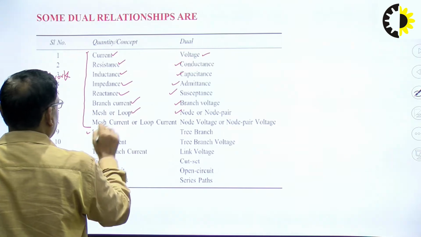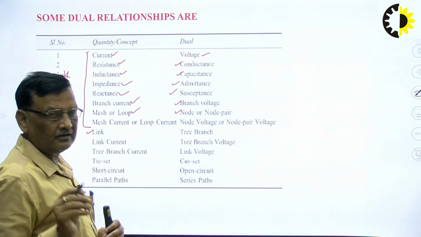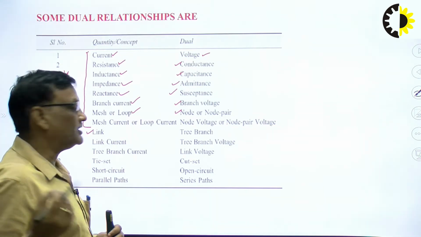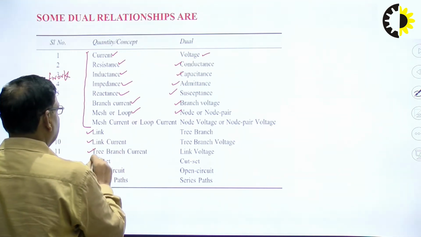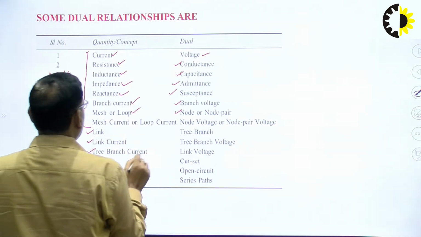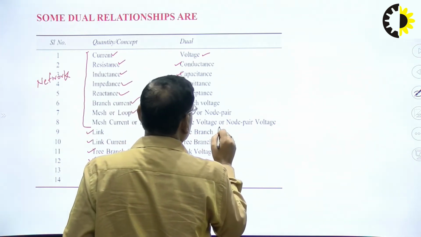The remaining ones are defined in the case of the graph theory. Basically the branches of the co-tree are known as links. Then we have the link current, tree branch current, tie set. So what is the dual of link? The dual of the link is the tree branch, which is known as twig.